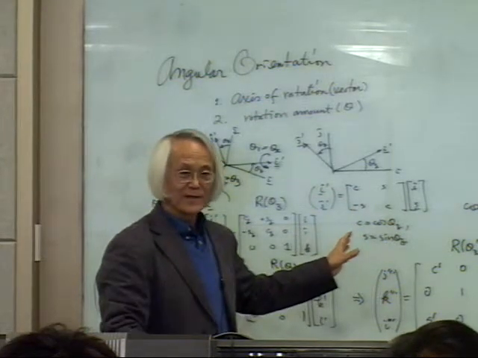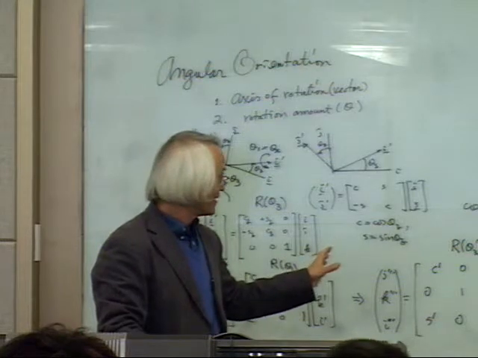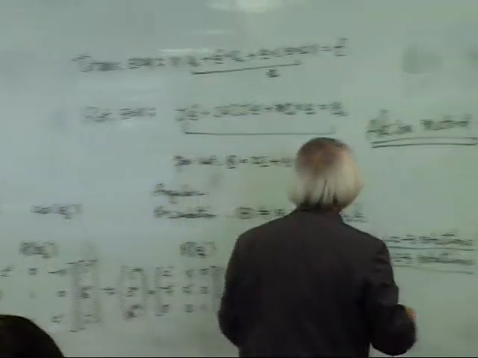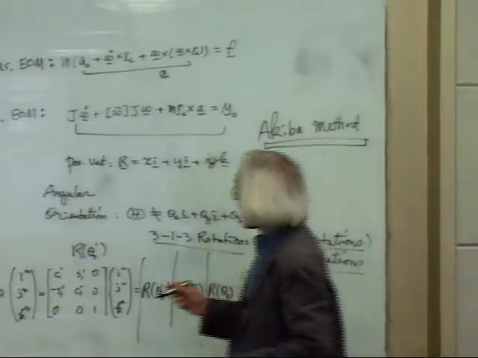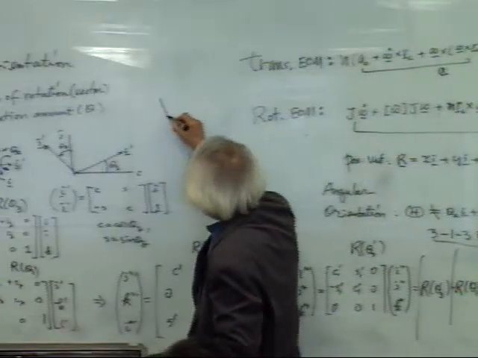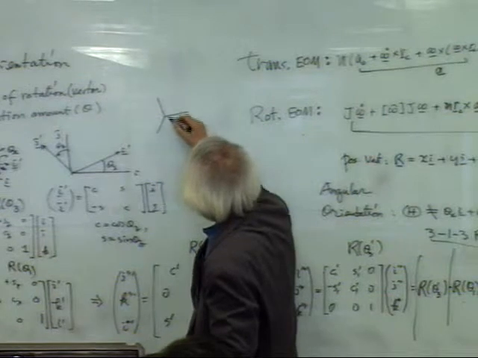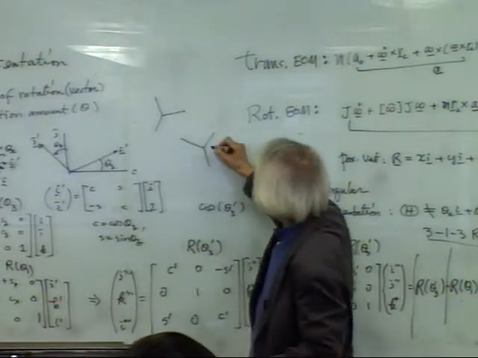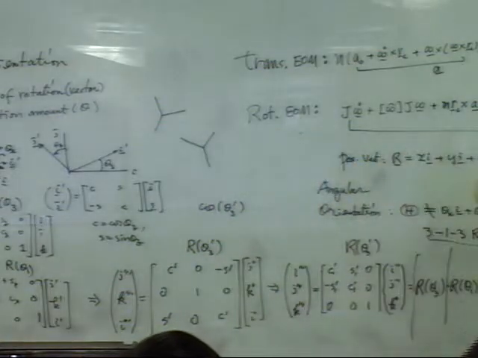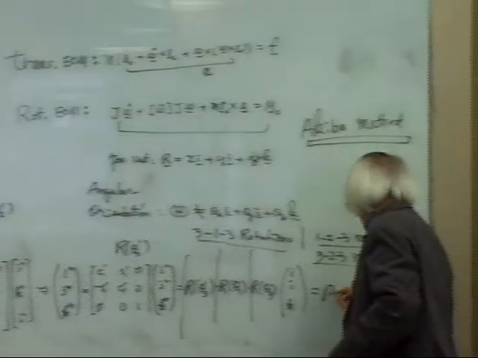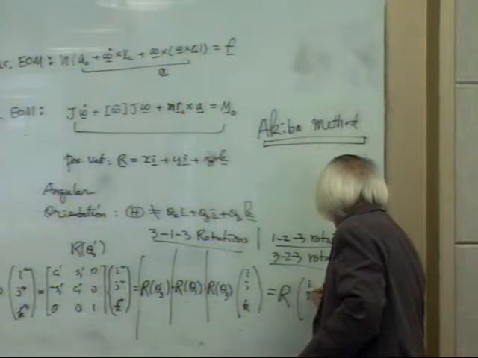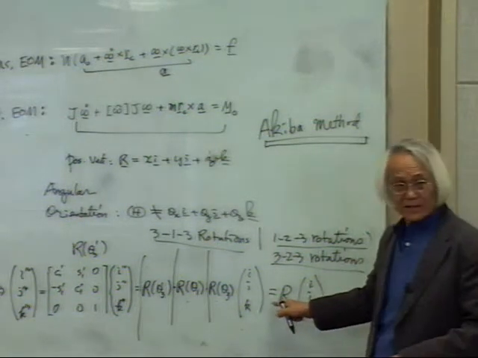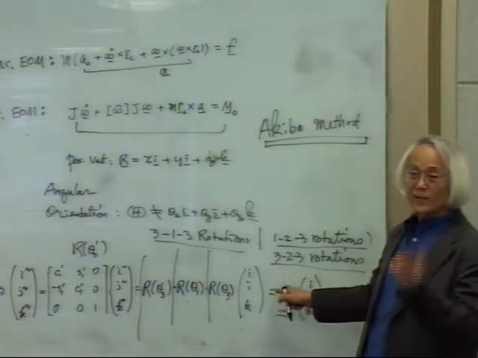You have a question? Is the order important? Order is important when you want to resolve, say, the angle, the orientation after a certain time. This guy went through this way. And the difference is, I can call this guy some R, IJK. How you resolve this guy, you give yourself a rule.